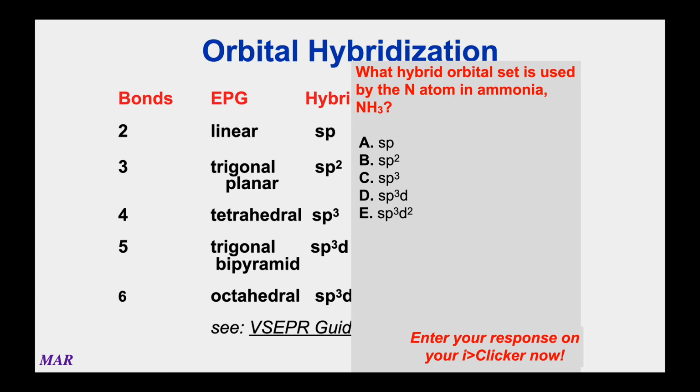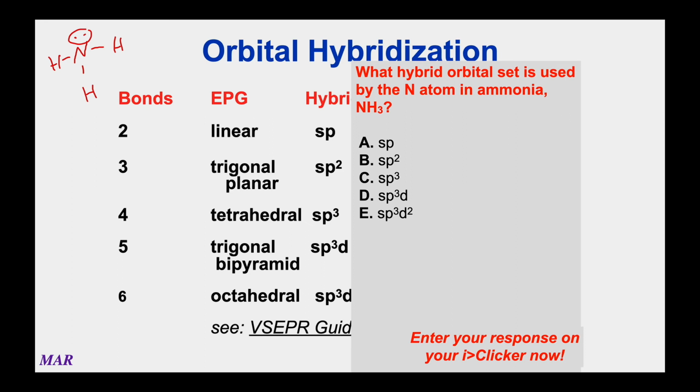Now, we looked at ammonia extensively in the last chapter. I'll try and draw it up here. Nitrogen is connected to 3 hydrogens, and there's a lone pair on it. So that's a very quick and dirty Lewis structure for ammonia. Around nitrogen, you have 3 bonds to atoms and 1 lone pair.